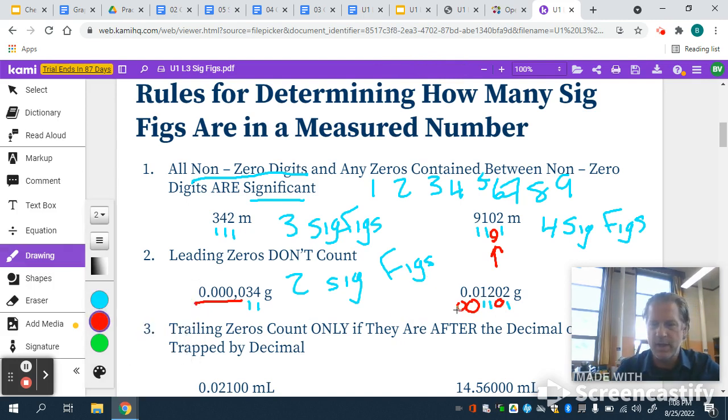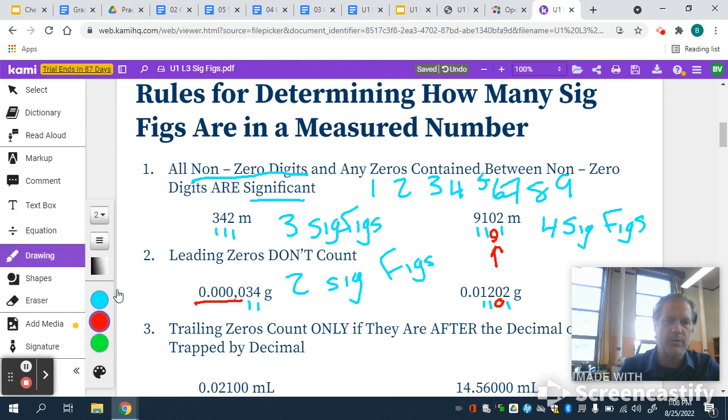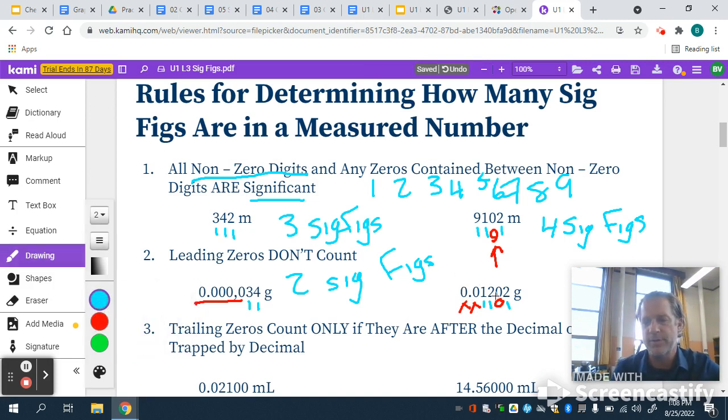But the zeros at the beginning of the number are not significant, so I'm going to put an X there because I don't want those to confuse me. These two here are not significant. I should also talk about the 0 in between the 2 and the 2. That one is significant because it's sandwiched in between two non-zero digits. So I would say that this one also has 4 significant figures.